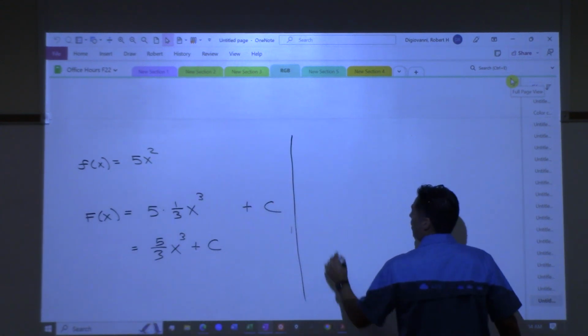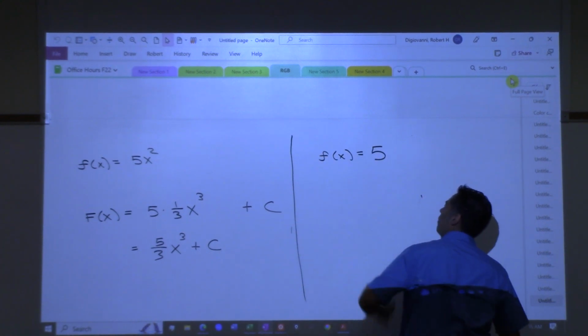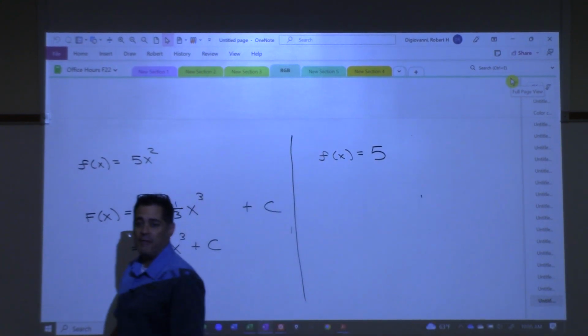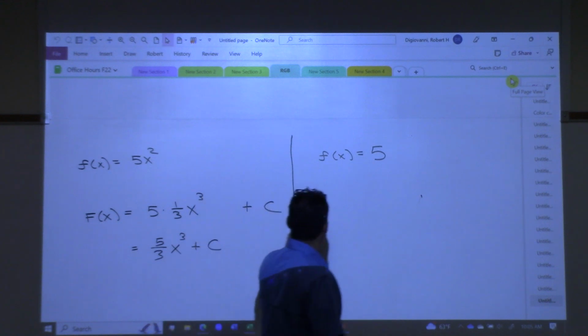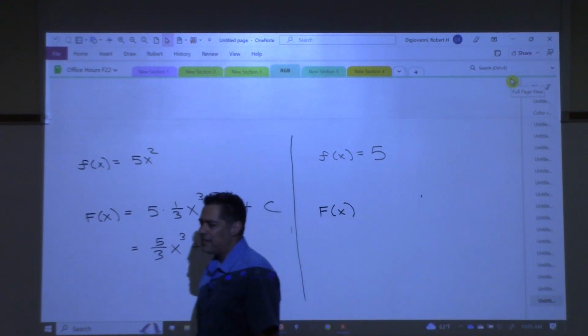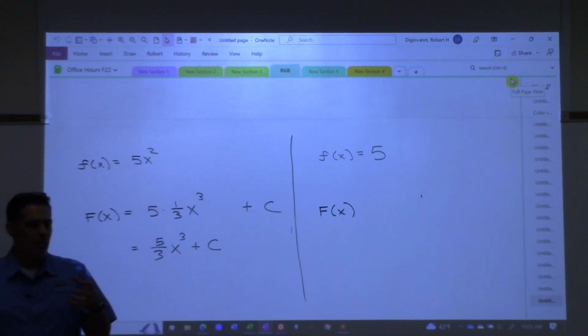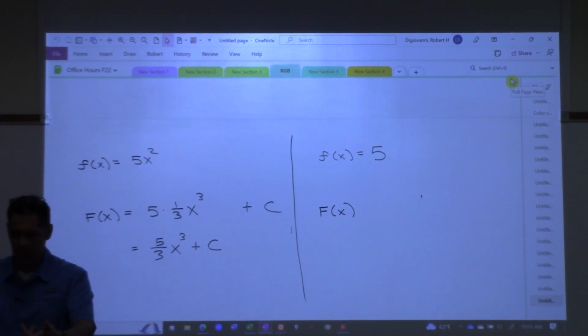All right, let's do this one. The antiderivative of 5. Well, that's different, right? Because remember, when you take the derivative of a constant, what is it? You get 0, right?